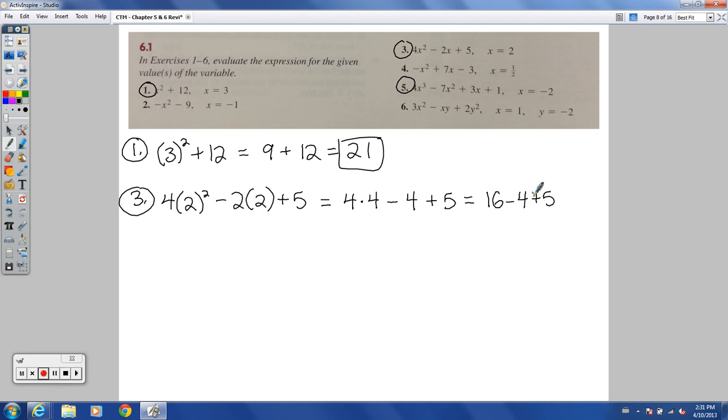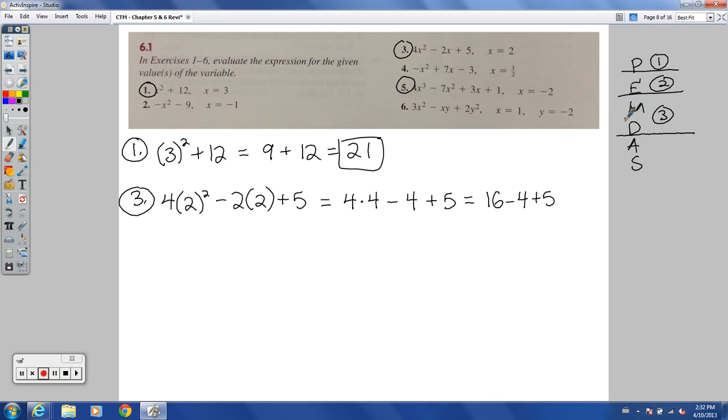Yes, addition comes before subtraction in terms of when you write out the word PEMDAS. I can't even spell PEMDAS. There we go. But remember, parentheses is first, exponents is second, multiplication and division, same importance, whatever order they're in.